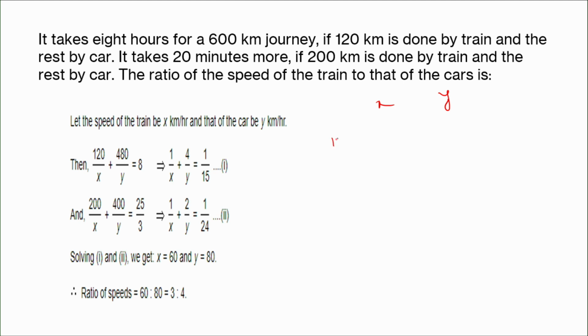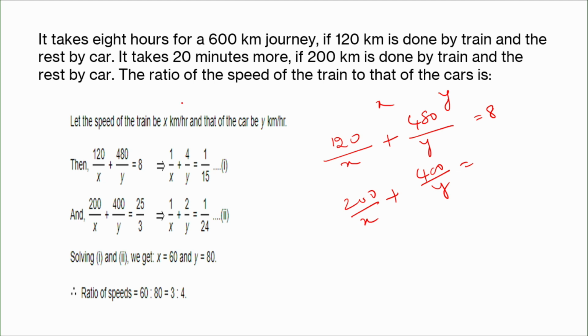So 120 kilometers by train means 120 by x, and the remaining 480 kilometers by car is 480 by y, with the total time of 8 hours. The other information: 200 kilometers by the train means 200 by x, and the remaining 400 is 400 by y.